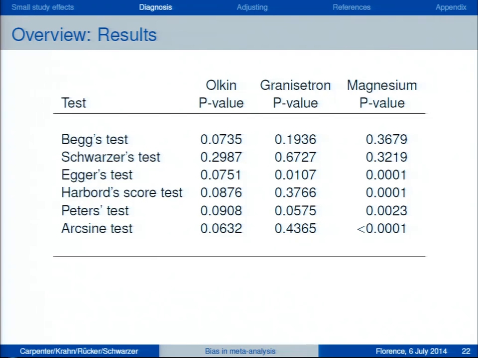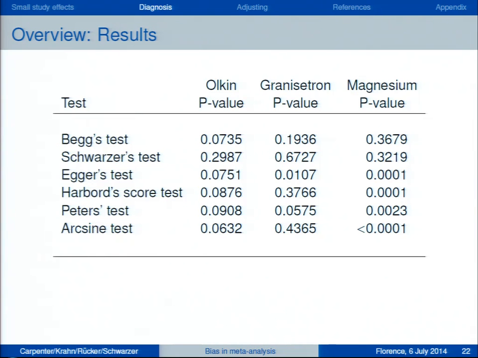To complement what Guido says, the rank tests will have less power if there is a smaller number of studies, because they're rank tests. They don't actually capture the extent. So what you see with the magnesium plot is there is a very strong slope, but relatively few studies, and that's why these rank tests don't have so much power here as well.